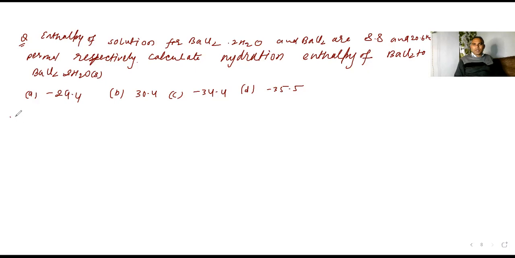So what we can do here, let's see the solution. If you are writing, you will find a little bit here. They are saying enthalpy of solution for barium chloride·2H2O and barium chloride solid are 8.8 and 20.6.